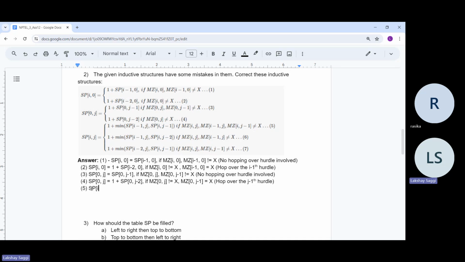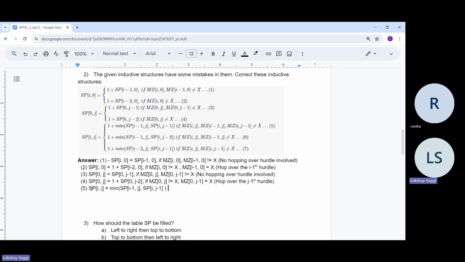So SP i comma j will be effectively the minimum of SP i minus 1 comma j (either I can come from the right or I can come from above) and SP i comma j minus 1.